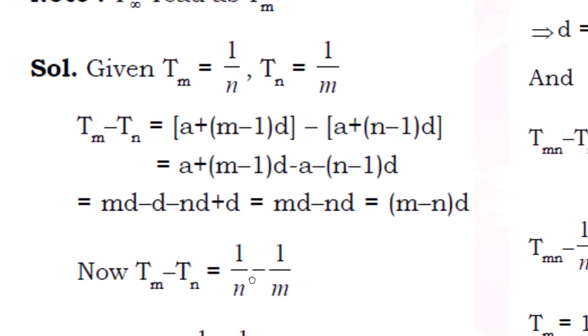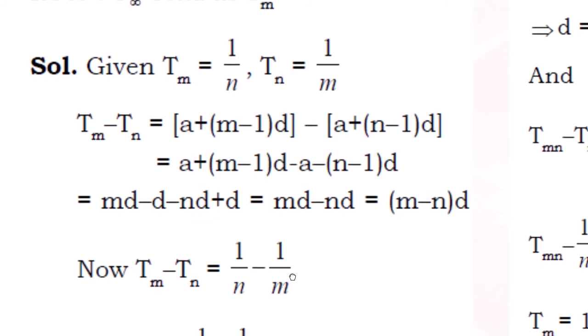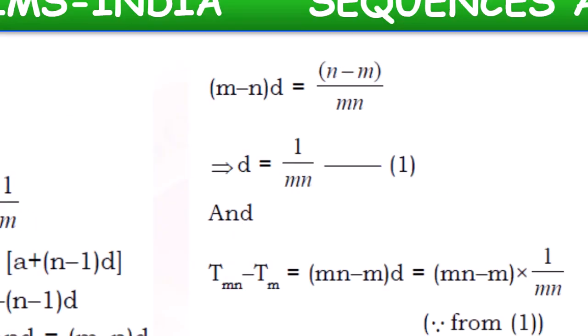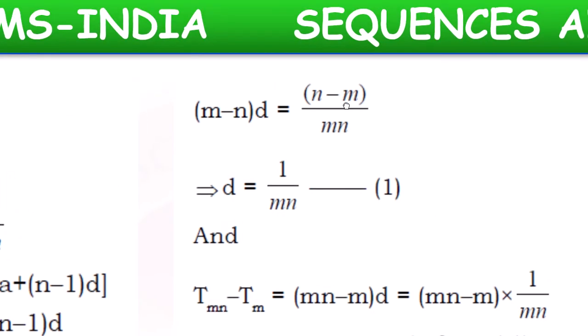But Tm minus Tn equals 1 by n minus 1 by m according to the given values. So these two values will be equal. If we take the LCM on the right hand side, it is equal to m minus n by mn.